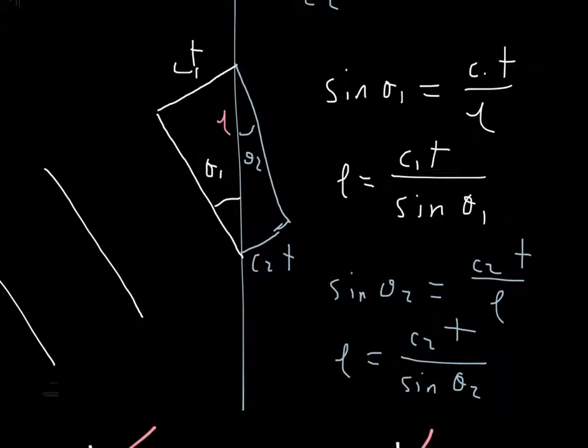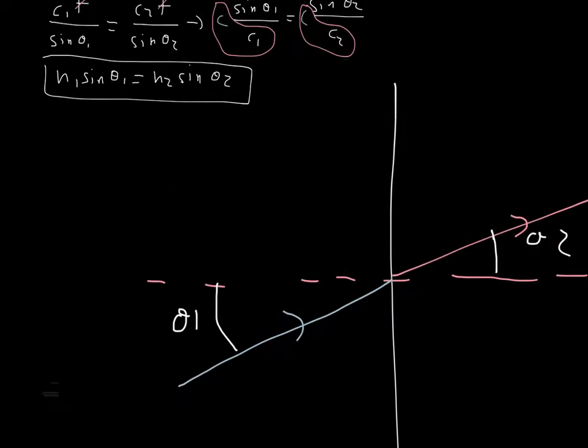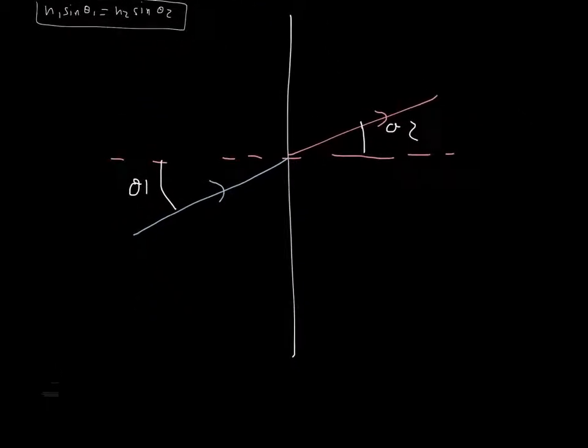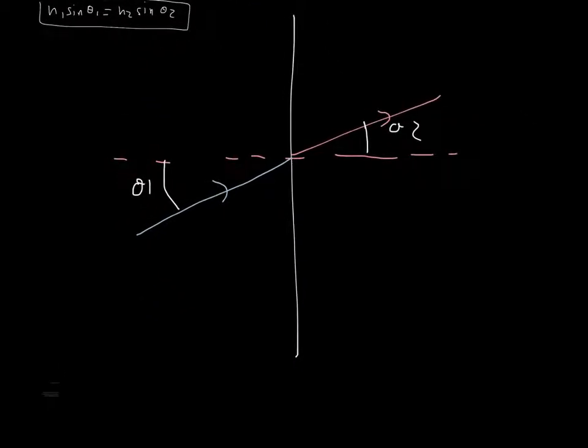So what went wrong? Nothing went wrong. What happens is that here, we were measuring the angle with respect to the wavefront. So if I go back to here, and I make a wavefront that's perpendicular to my ray, you can see that this angle here is exactly the same as this angle here.